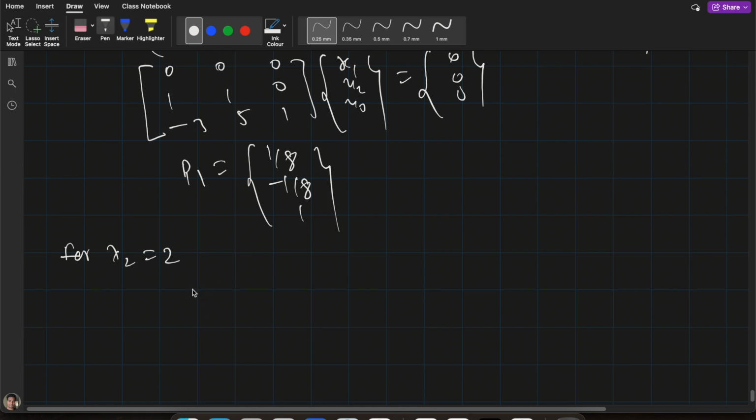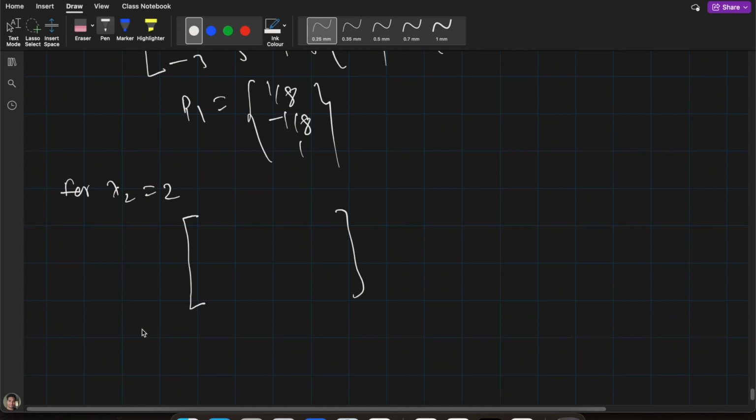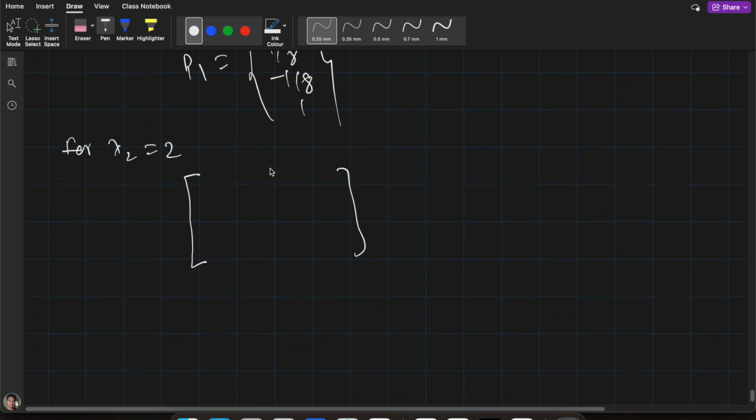For lambda 2, you will see that you will get two independent eigenvectors. For lambda 2 only. You don't have to get one for a different lambda, because lambda 2 and lambda 3 are the same. So for lambda 2 only you will get two eigenvectors. And what are those?